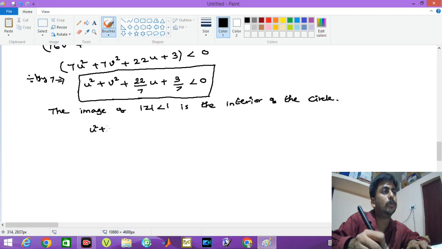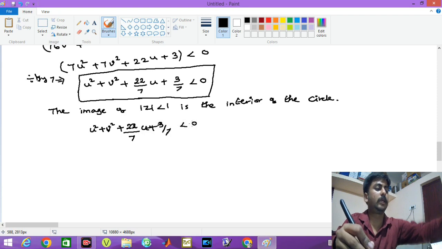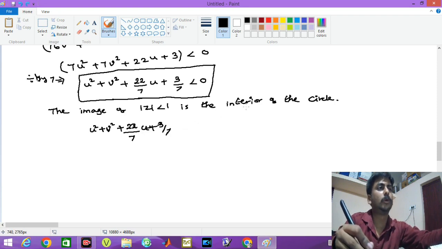u square plus v square plus 22 by 7 u plus 3 by 7 less than 0, or it can be written as equal to 0, because we have mentioned here it is the interior of the circle.